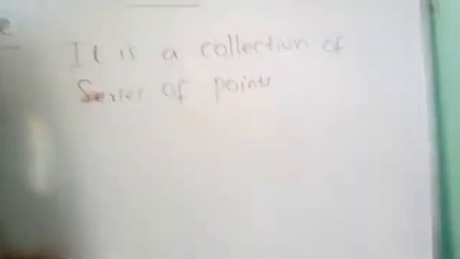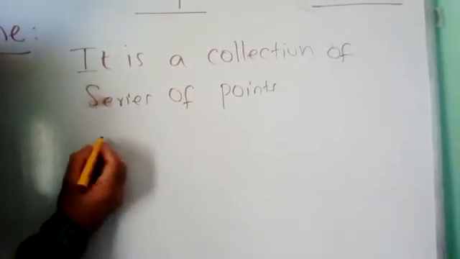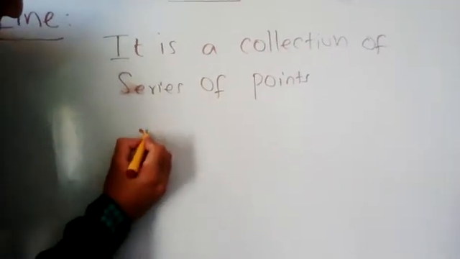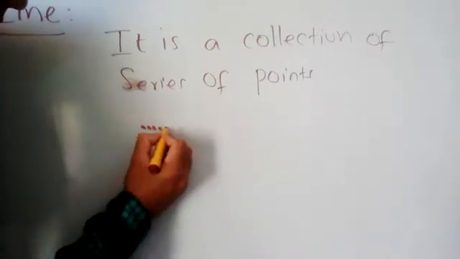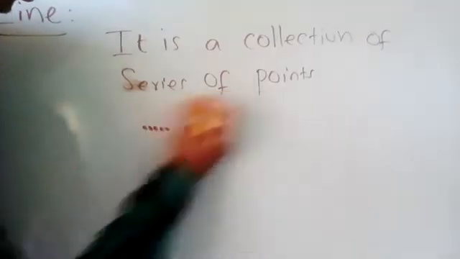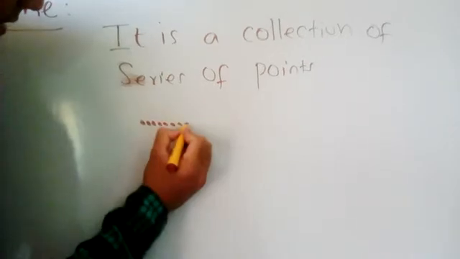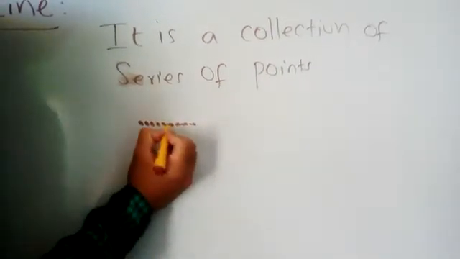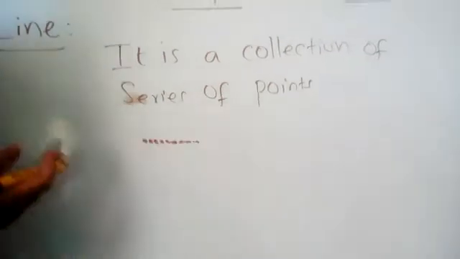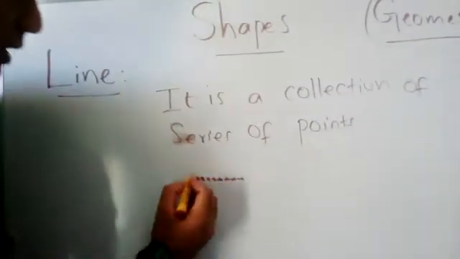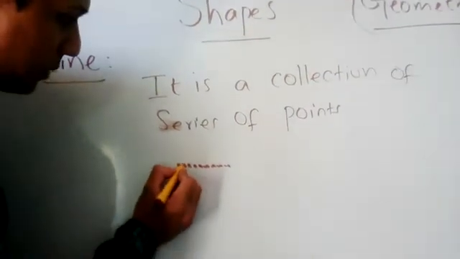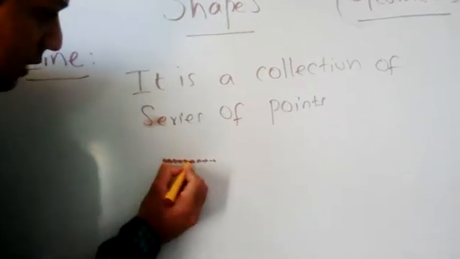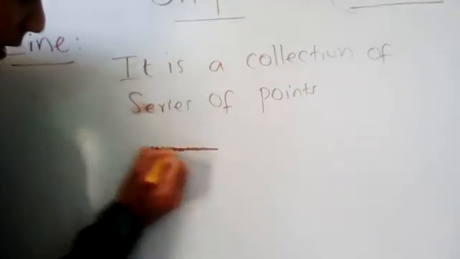Points. See here, small dots. I am collecting these dots and arranging them in series, in serial manner. When all these points are gathered and arranged in a series, they constitute one line like this.